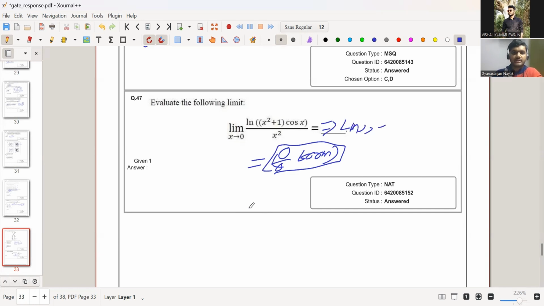You know what L'Hospital rule is? Applying L'Hospital rule, you calculate the answer. So here you find the answer is 0.5. Okay, so we proceed for next.